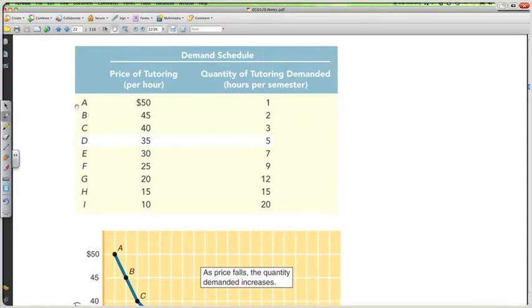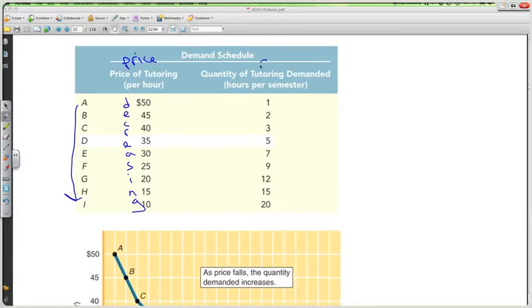And you can see that as we go from point A to I, our price here is decreasing. Here's our price. Here's our quantity. And notice our quantity is increasing as we go from A to I.